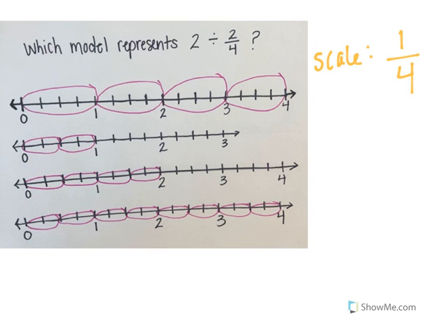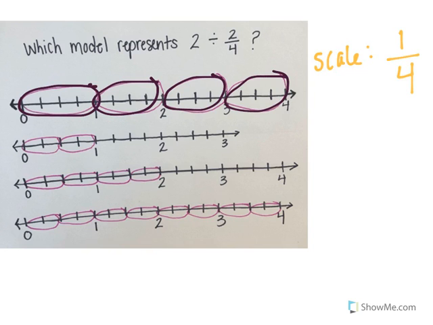So now that I know the scale, I will be able to identify what is labeled on this number line. When looking at these diagrams, these circles are representing groups. Those circles are representing a divisor. The whole number, or the distance that it covers on the number line, is going to represent the dividend. So let's evaluate this first one.